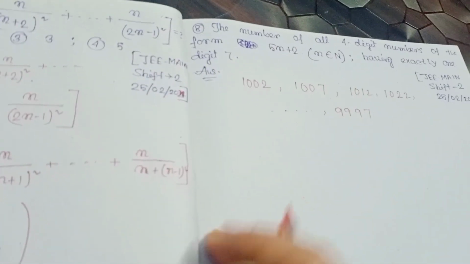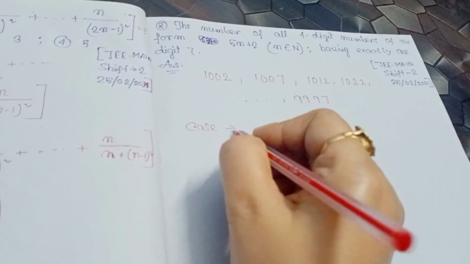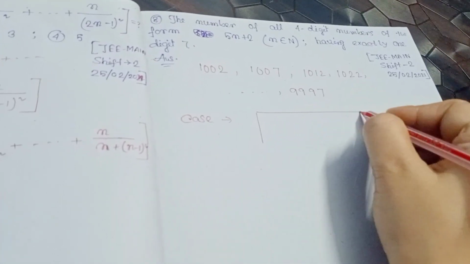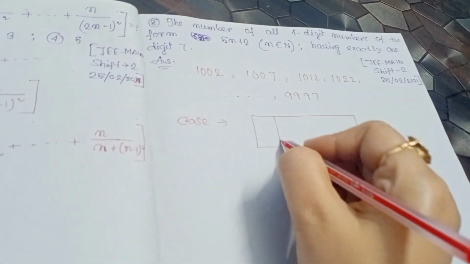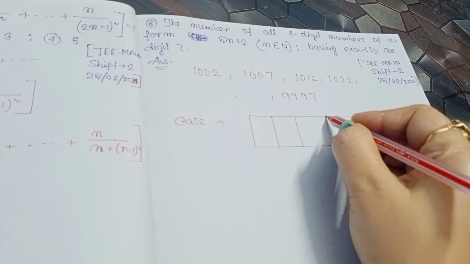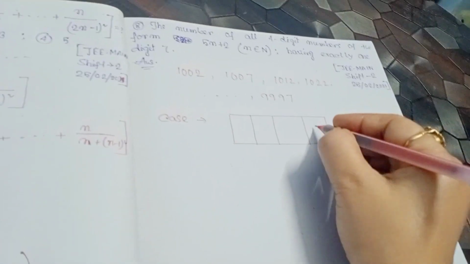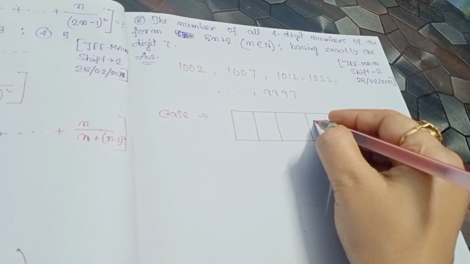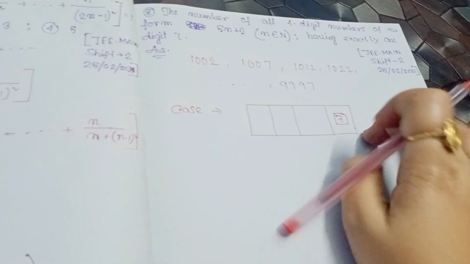Now case 1 arises. This is a 4-digit number, the series is formed like this, and one digit must be 7, so it is fixed as exactly 7.